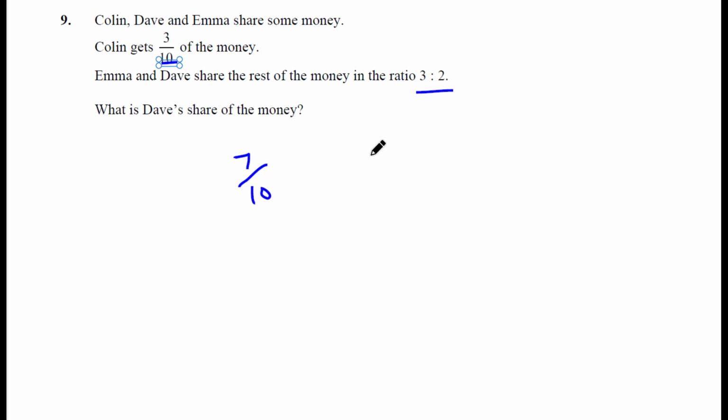And Emma gets, so there's 7 parts to share between 2 people.